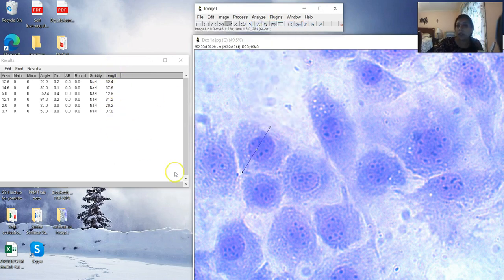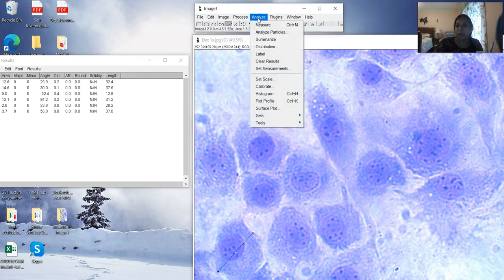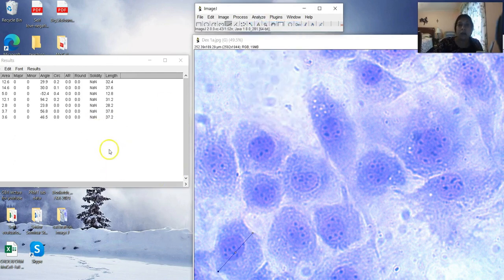And you see that they got, again, very similar numbers to before. So even though the calibration was different, it took into account the magnification, and now you were able to get the accurate measurements for both of these images.